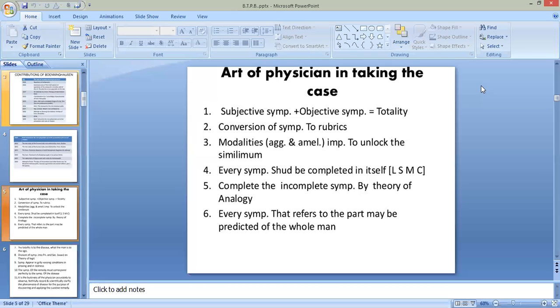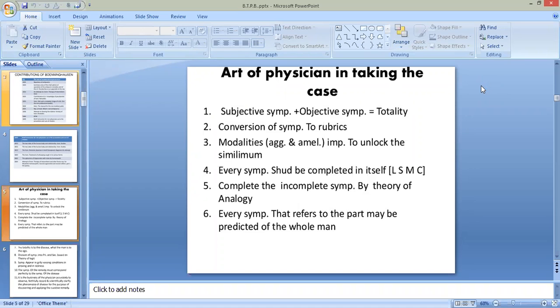So we cannot give that much importance to particular symptoms, but we have to give importance to the man's or person's symptoms. We have to consider the man, not his parts or organs. According to Dr. Boenninghausen, we take each and every symptom as a complete symptom, and he does not focus on the symptoms of the person.